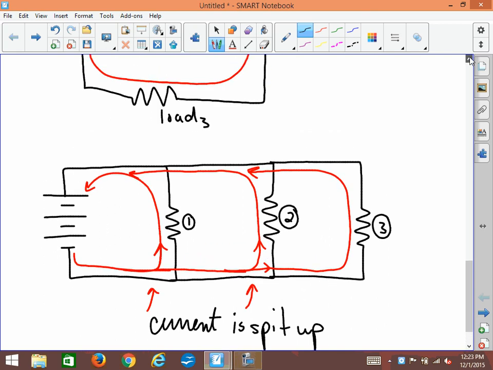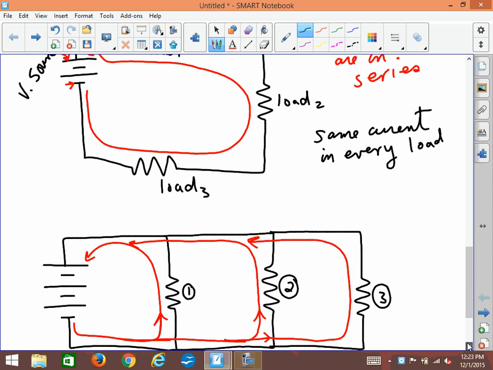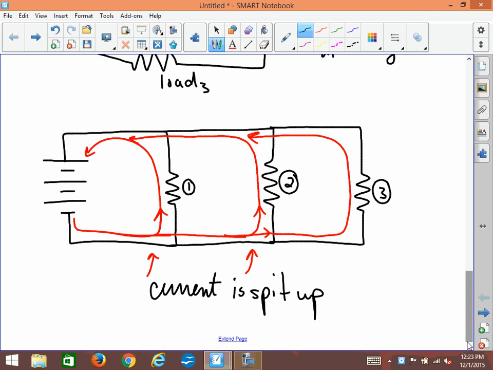Whereas here, every load got the same current in every load, right? So if you're designing an electric circuit, that's important. The same current in every load, whereas down here, the current splits up. Splits up, I guess we could say, between the loads.